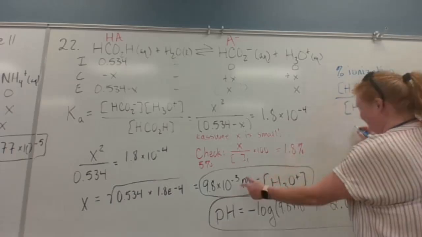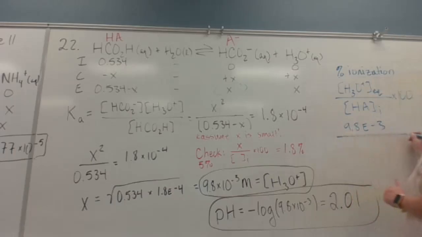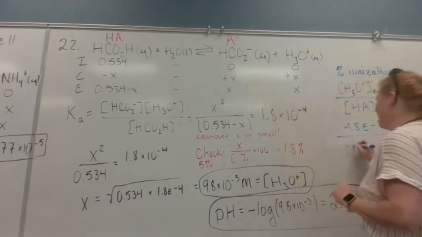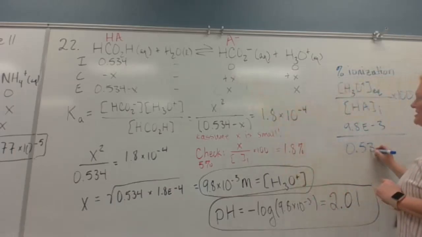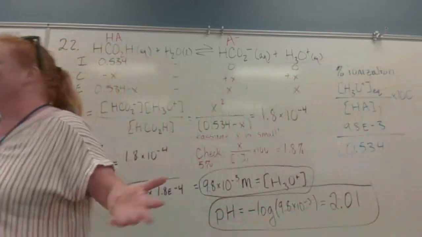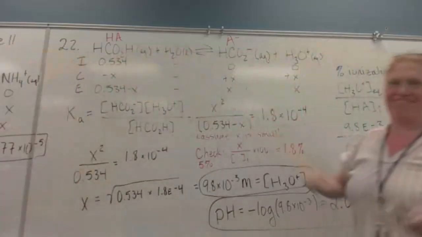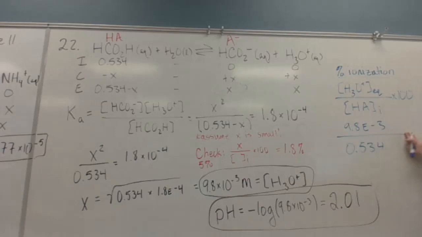We take our X, 9.8 times 10 to the negative third. We divide it by the given initial amount. And not only does this check, is our assumption okay, it tells us what percent this acid ionizes. This acid ionizes 1.8%.